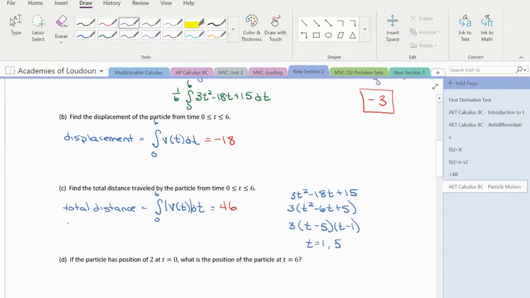So I can rewrite this integral, and I'm not going to go ahead and solve this out, but we could rewrite this as the total distance is equal to the integral from 0 to 1 of v of t dt, plus the integral from 1 to 5 of v of t dt, plus the integral from 5 to 6 of v of t dt.